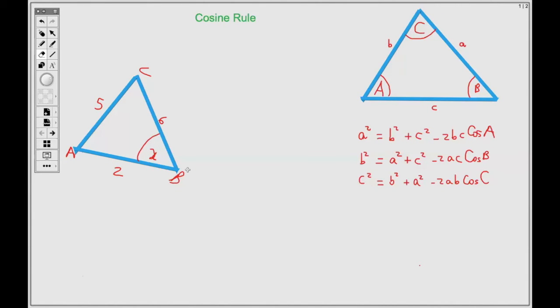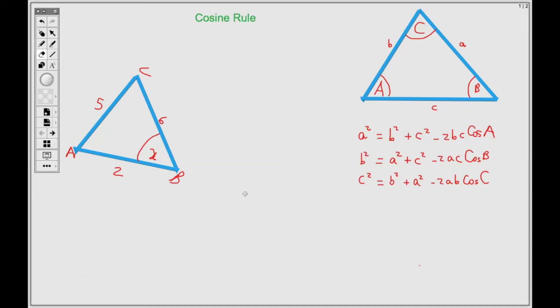Here we're trying to find the missing angle, but first I'm going to label each side to find out which is side A, B, and C. Now, remember the sides are based on the angle that it faces.